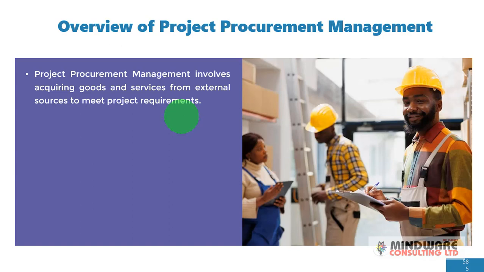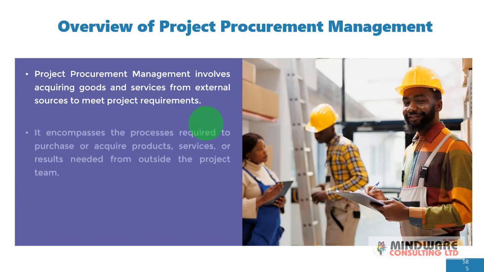So it's the process of buying, getting those materials from outside of the project team or outside of the project organization. Anything that has to do with procurement management has to do with how we get what we need for this project from outside of the project team. So it's not within the team.